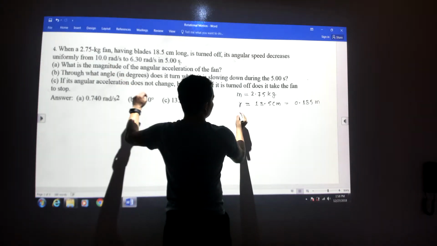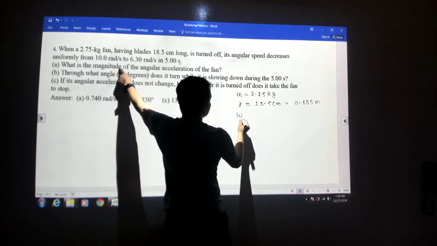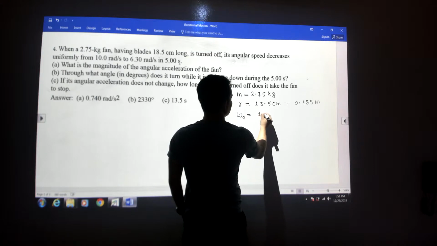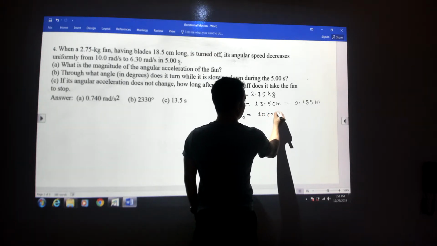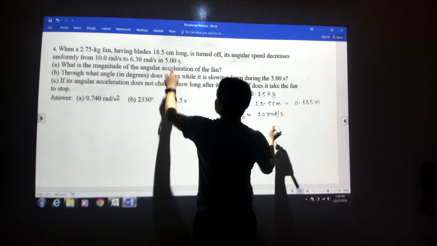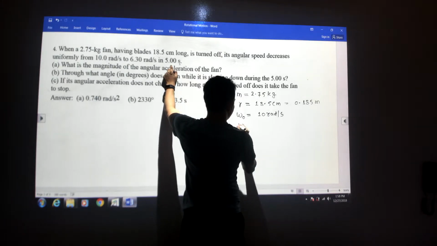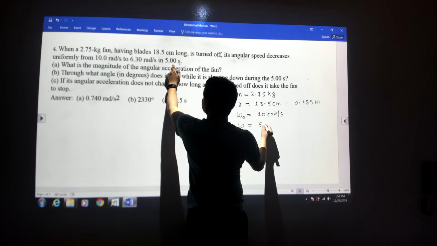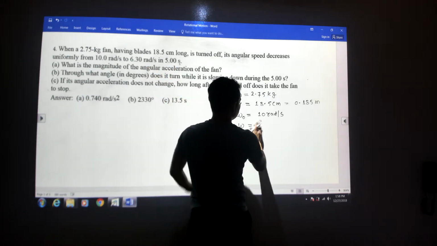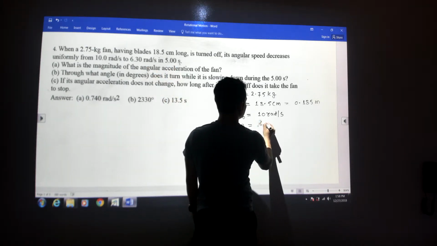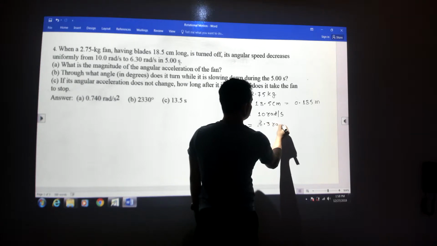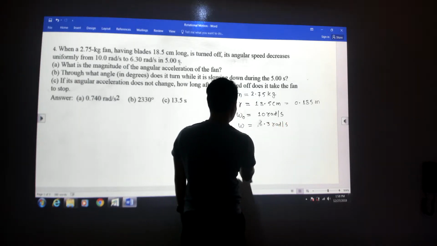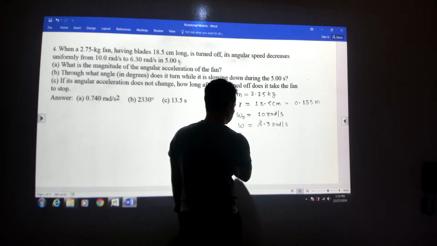It is going from omega, so this is your initial angular velocity, which is 10 radian per second, and this is your final, given as 6.3 radian per second, and the time, I'm calling the delta t.